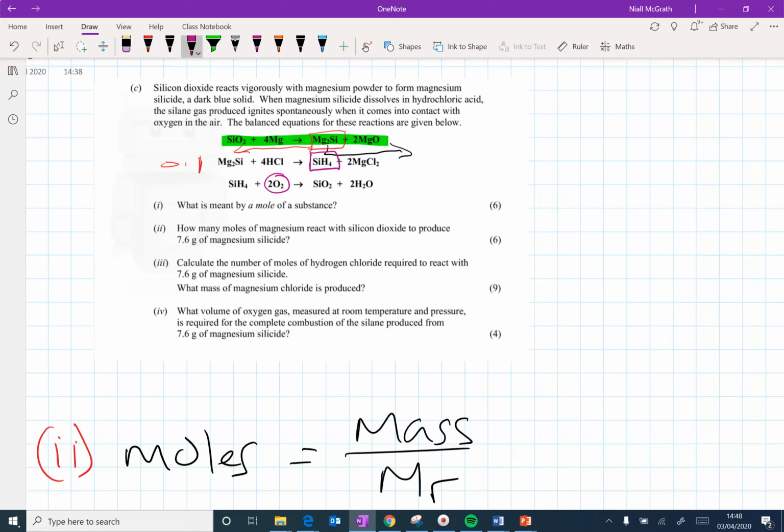So up here we knew that there was 0.1 moles of magnesium silicide. 1:1 ratio, so we have 0.1 moles of your silane. So that means down here as well we have 0.1 moles. You'll see here that there's a 2 before the oxygen, so there's a 1:2 ratio.